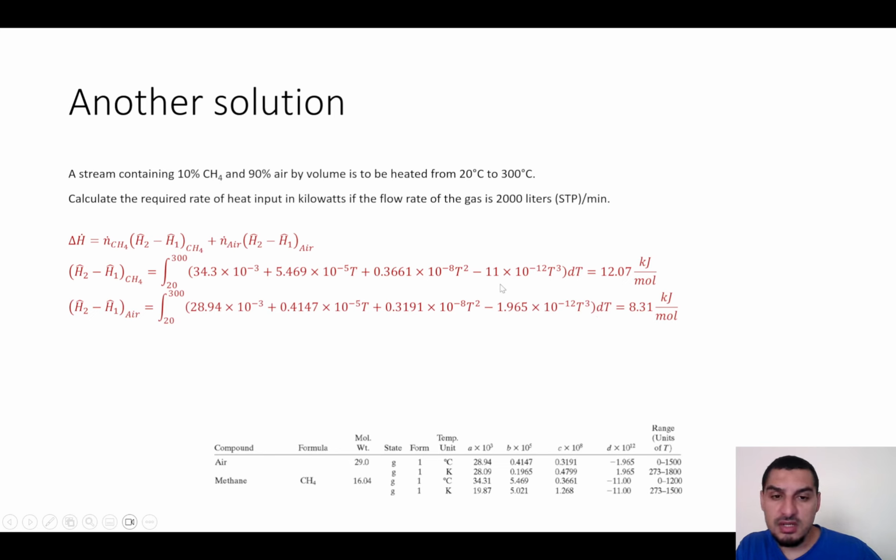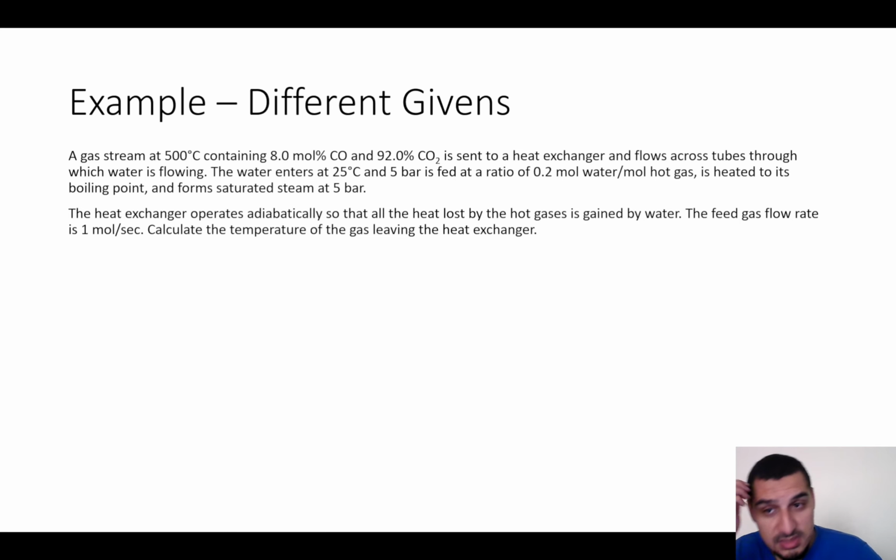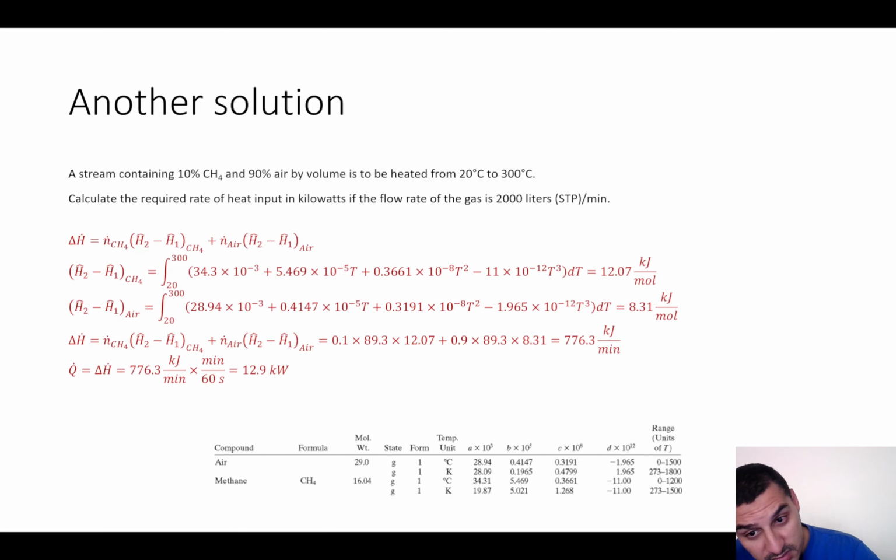Of course, you will notice here that I did the integration twice. The step that I did before once, I am doing twice because I'm doing it once for air and once for methane, and then when you substitute, you will get the exact same results. So this is important just to give you an idea that it doesn't matter which one of the methods you're using.